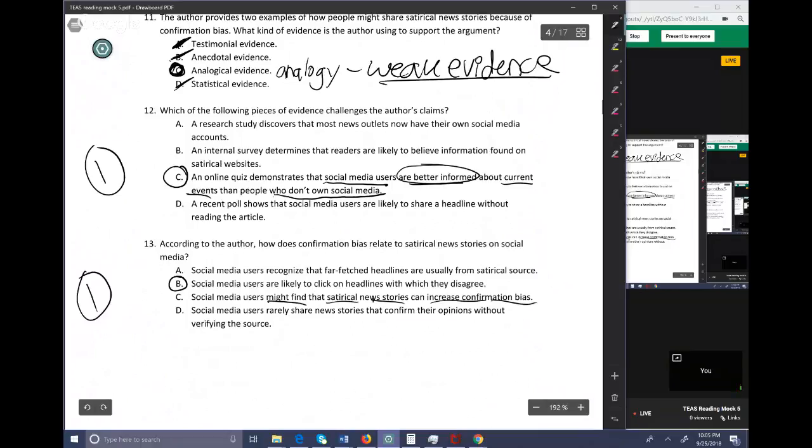Kind of doesn't make sense. It's not like a social media user is looking for confirmation bias and they have a meter of that can be increased. So that's not using that term properly. And then social media users rarely share news stories that confirm their opinions without verifying the source is definitely the opposite of what the author was saying.